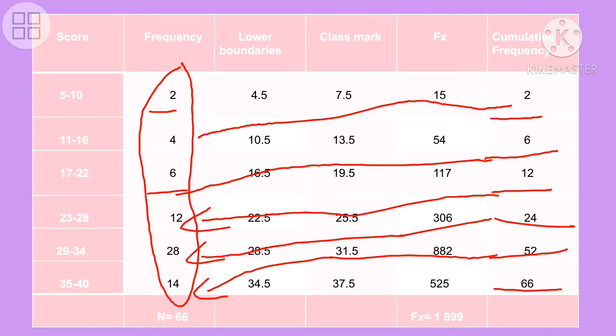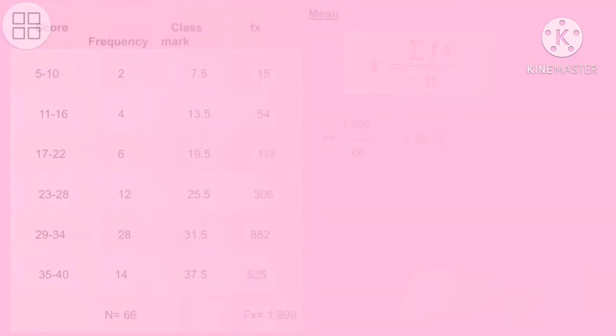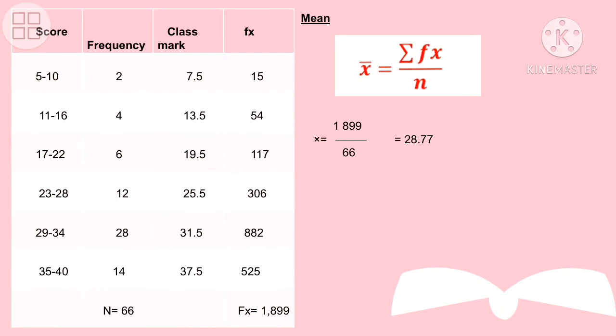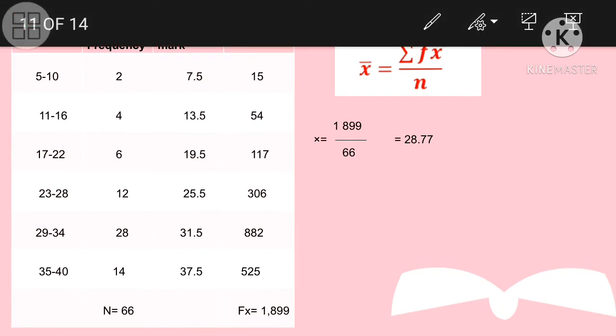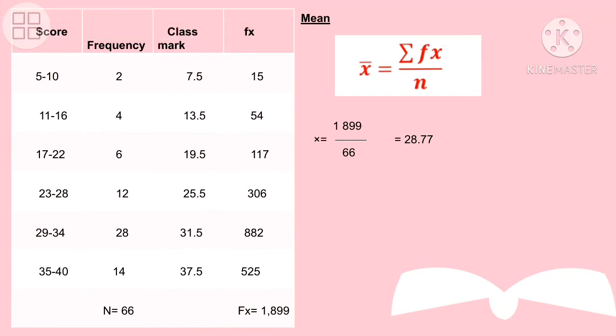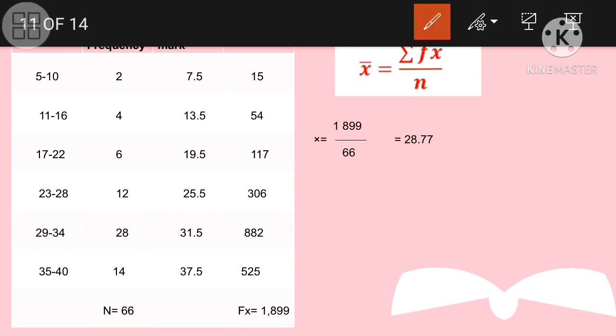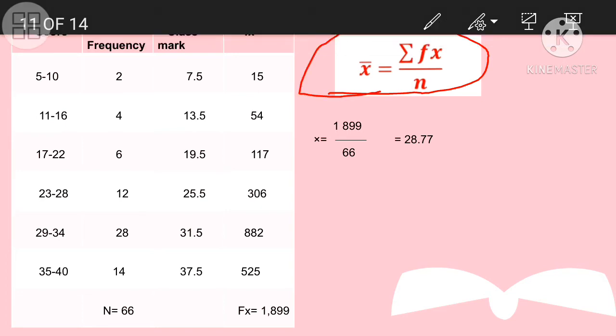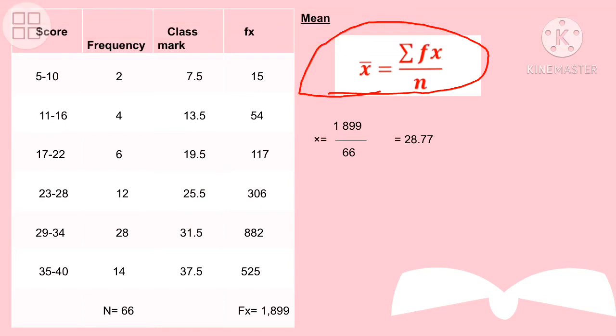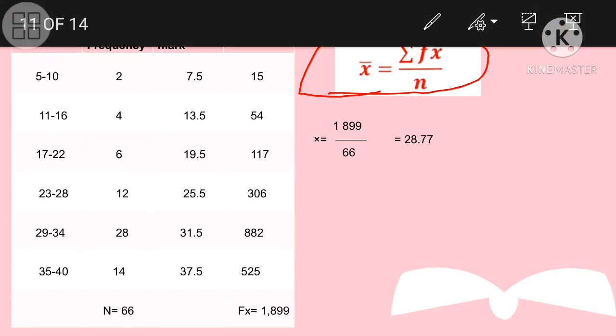We can proceed to computing the mean, median, and the mode. First, mean. On computing the mean, we need the frequency, score, class mark, and the fx. Again, this is the formula for the mean. So, what is the total fx? 1,899.